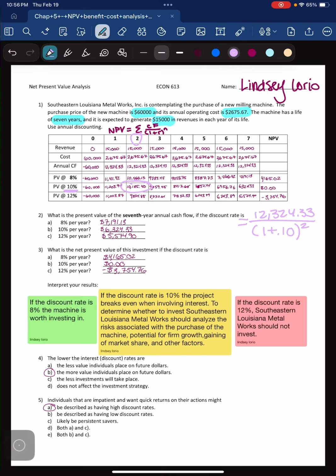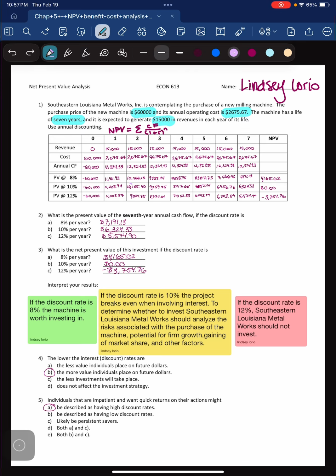And then we would get this number, this 10,185. But we did that for every single one of them with the corresponding numbers. And that gives you the annual present value for each year.